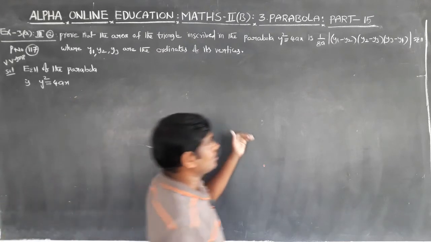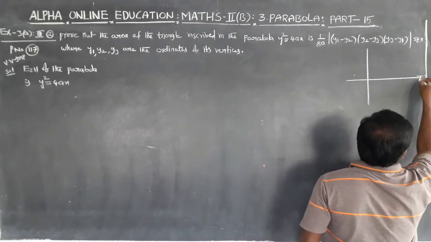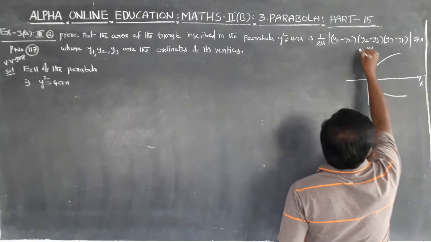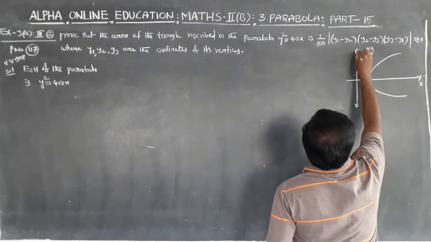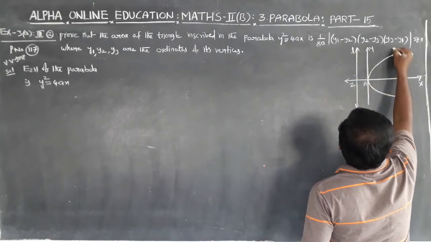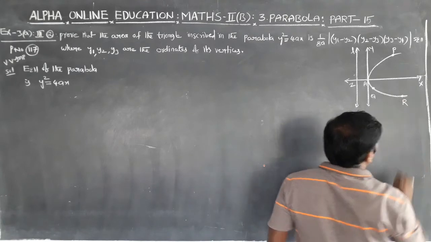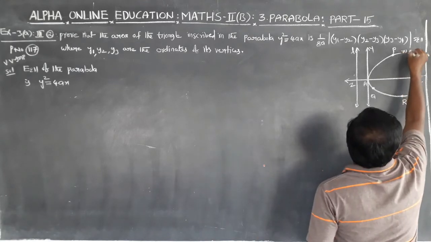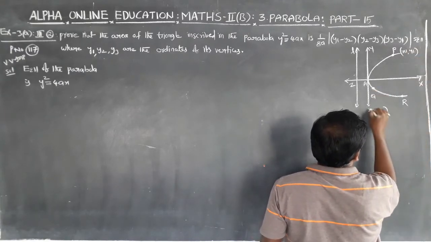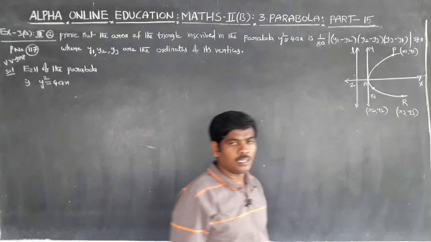Here we draw the parabola diagram. This is the x-axis, this is the y-axis, this is the parabola, this is the directrix L, this is the Z, this is the A. Here this is the first point P, second point Q, third point R. Let P(x1, y1) be the first point, Q(x2, y2) be the second point, R(x3, y3) be the third point.